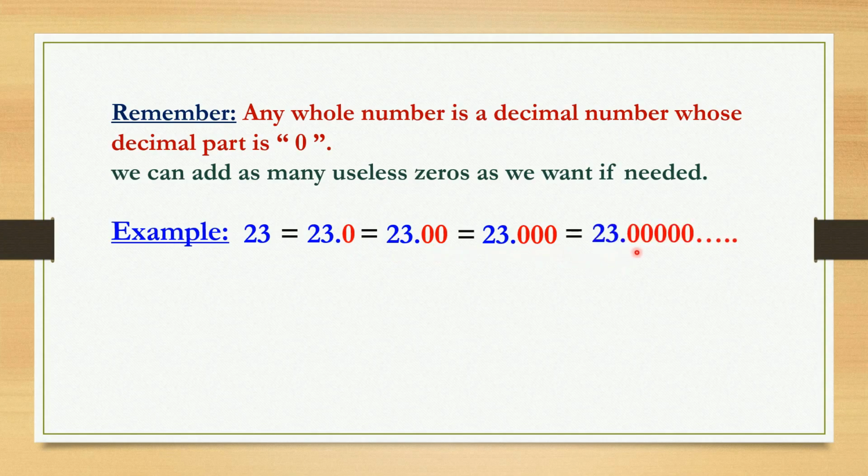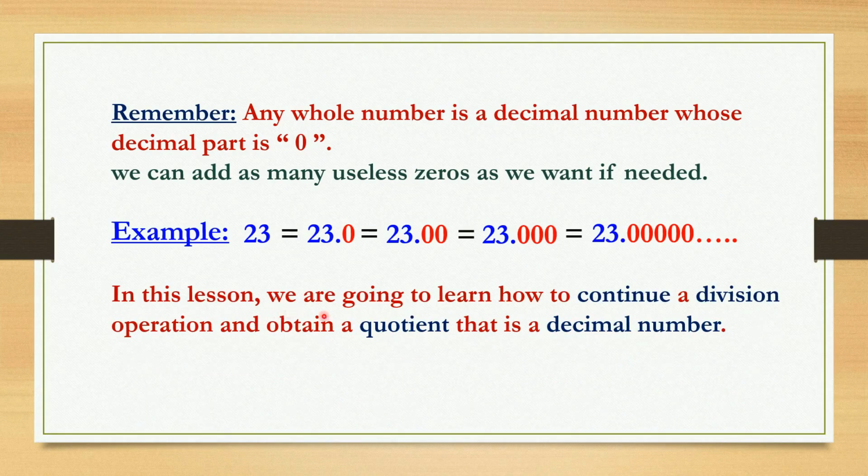We can add zeros infinitely. It depends on the situation if we need to add these zeros. In this lesson, we are going to learn how to continue a division operation and obtain a quotient that is a decimal number.